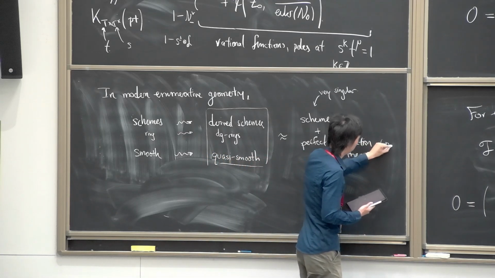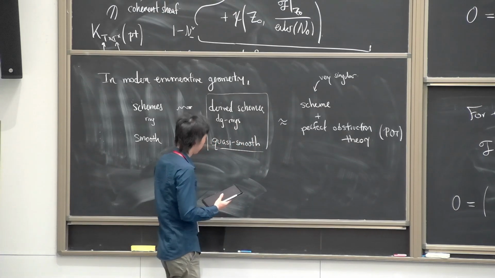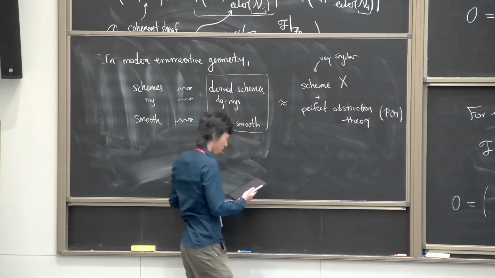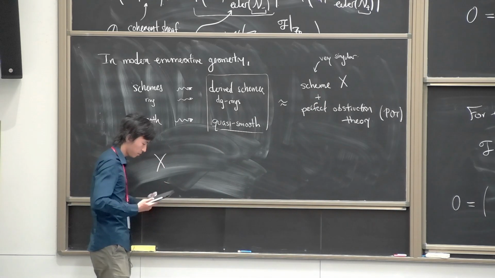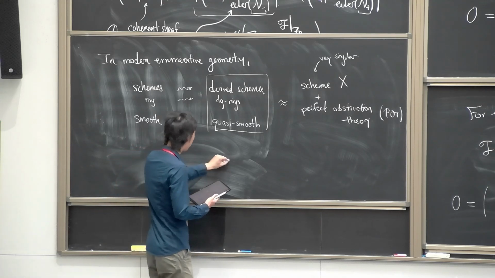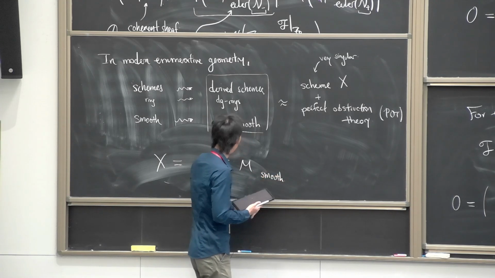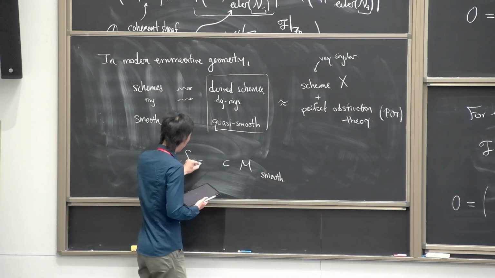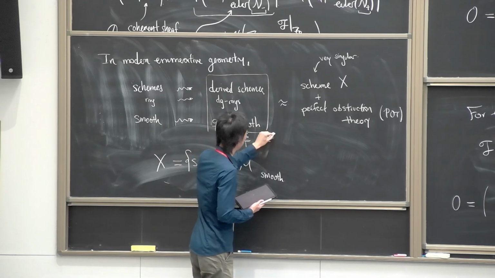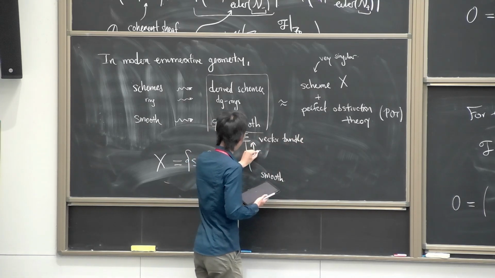We'll abbreviate this as a POT. A perfect obstruction theory is locally like this. You want to study your scheme X, but X is horribly singular. So you find some way to embed X into some smooth scheme M as the zero locus of some section S of some vector bundle E.